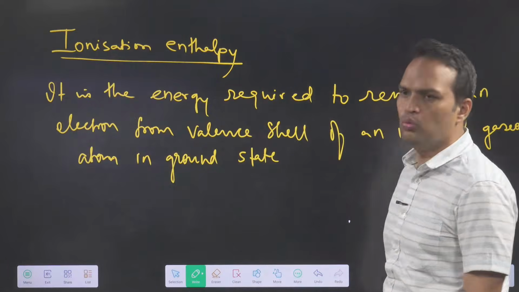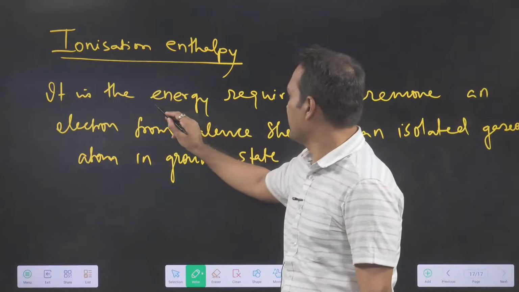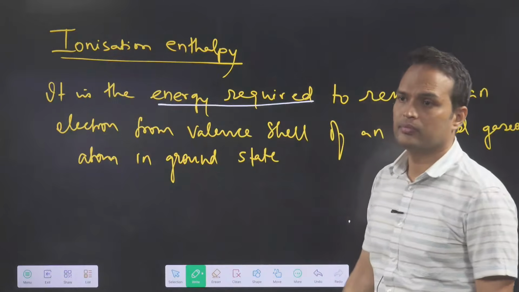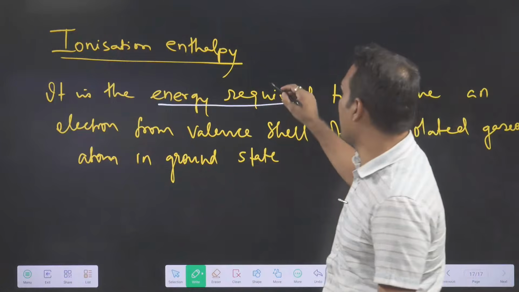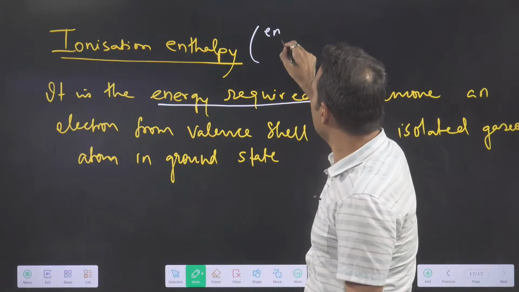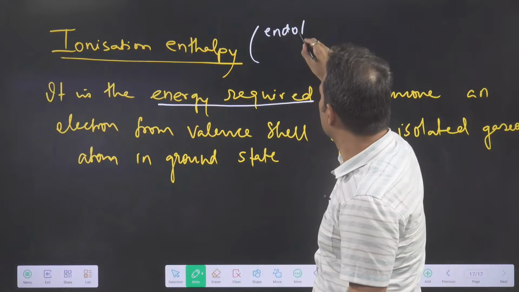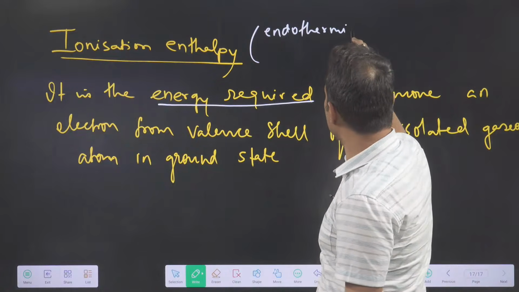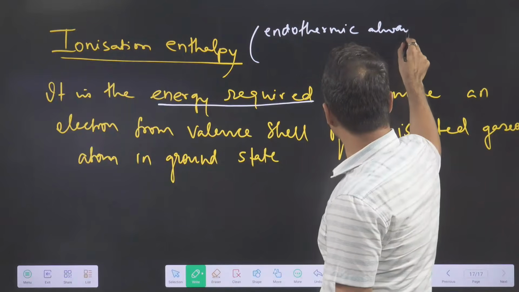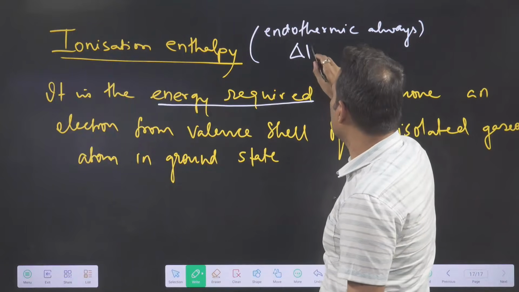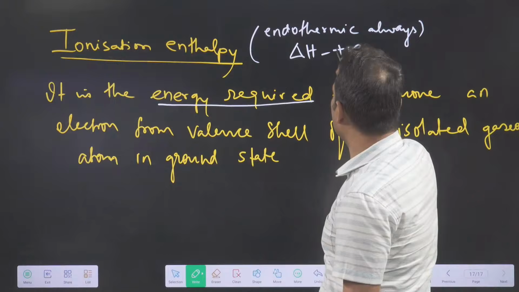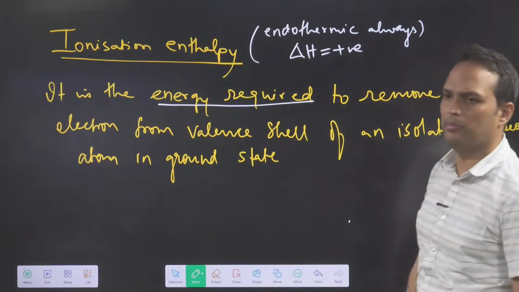Okay, so a few words I will underline. It is the energy required. Required means what? It is an endothermic process, always. Delta H value, is it negative or positive?